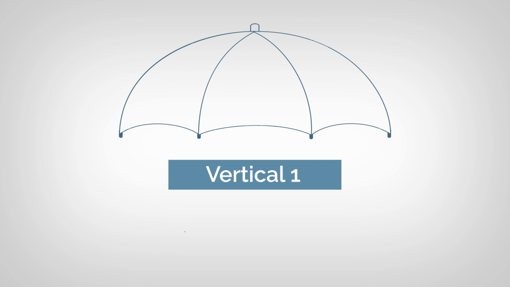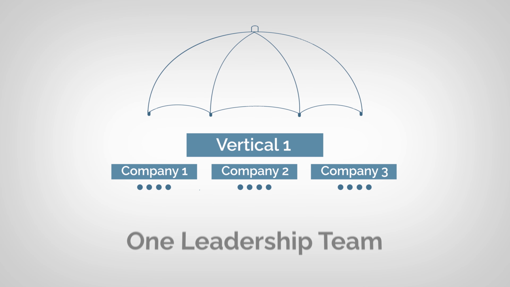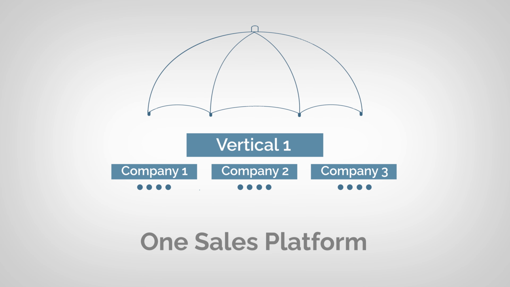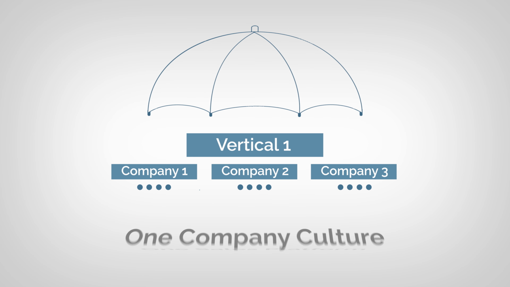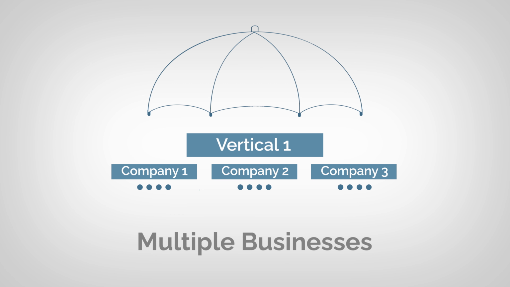Well, today, there are franchisors who have this same empire building mentality, where they form a parent organization and they have sister companies underneath so that their franchisees can come in and learn one leadership team, learn one sales platform, learn the culture of one organization, but can have multiple businesses that they can add on.